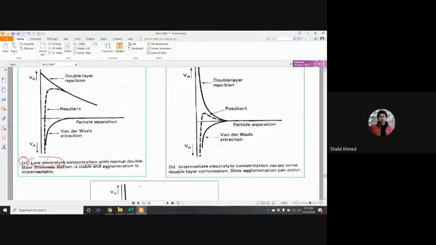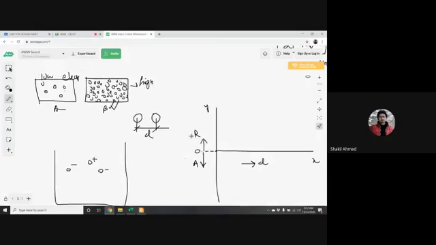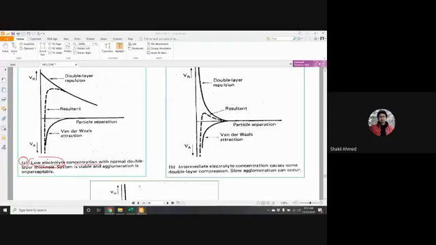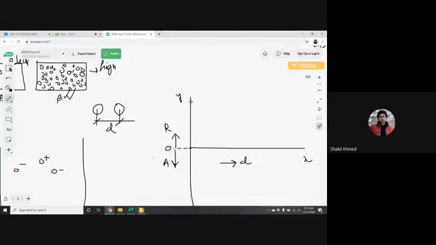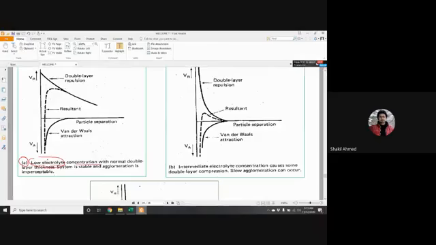What happens in that case? As you can see, if you draw the repulsive force, repulsion, double layer repulsion.